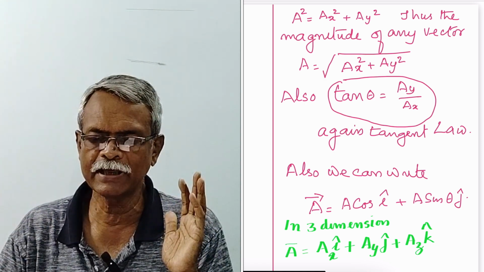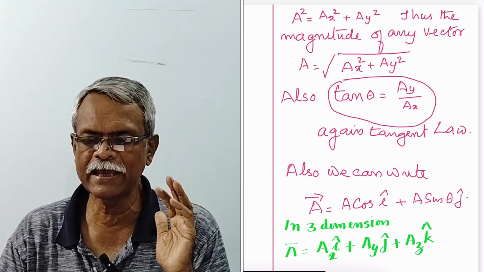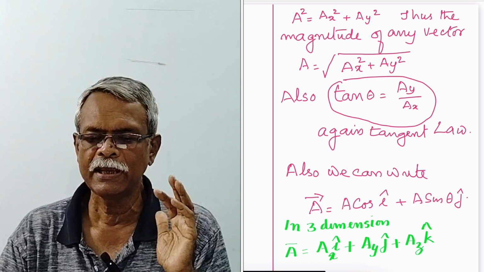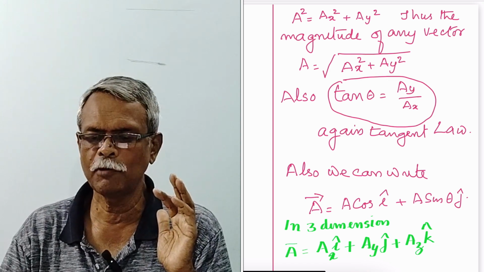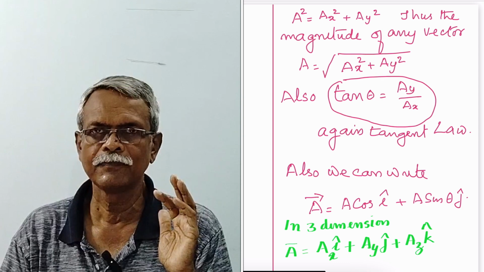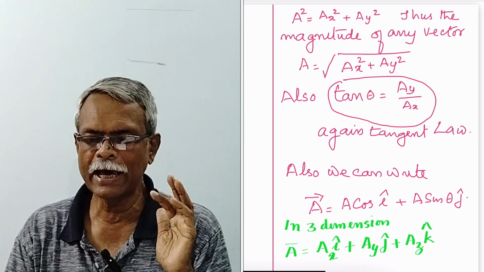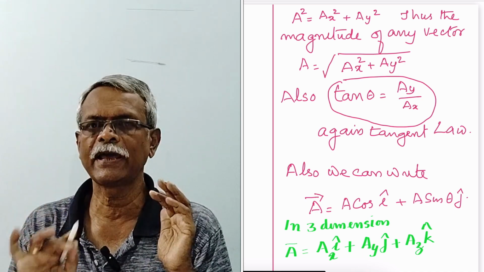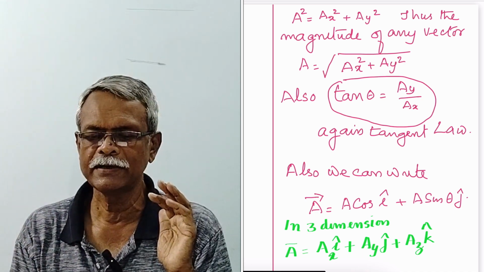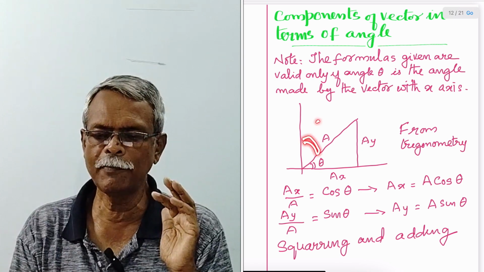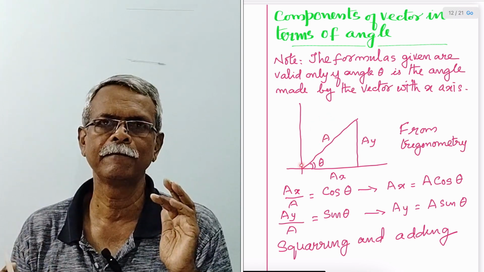If you look at that figure, if this angle is given as theta, this will be a cos theta and this will be a sin theta. If you are given an angle, the axis nearer to that is cosine and the one farther from that is sine.